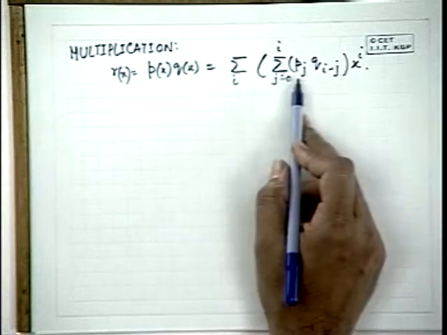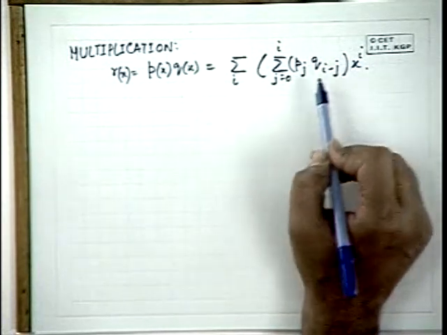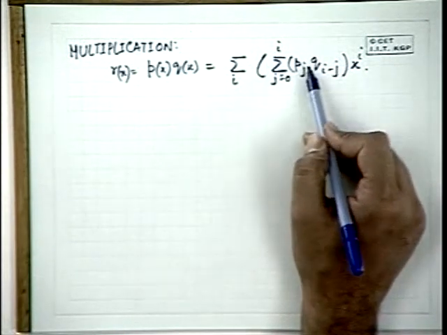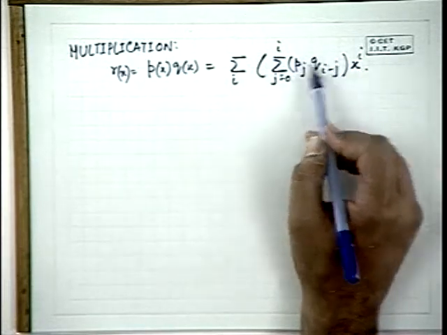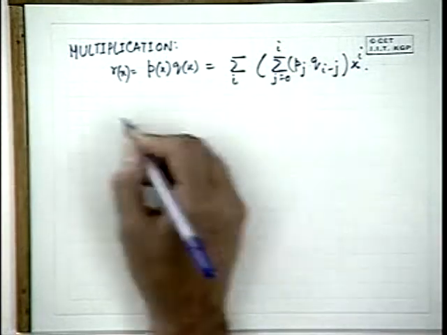So, there is a double summation now, because to get the coefficient for x^i in the new polynomial you have to multiply several coefficients whose corresponding powers of x when added up also give i. Okay. So, that is the multiplication.